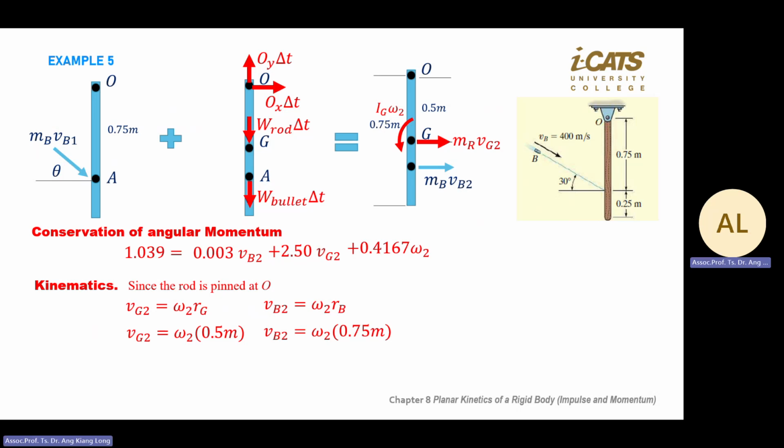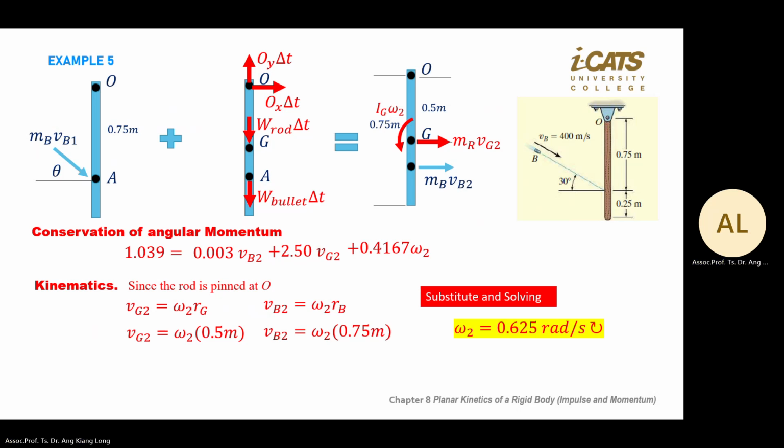Substitute there, and you only arrive at one unknown, omega 2. It's a linear equation. So you solve omega 2 equal to 0.625. Okay, so with this, we conclude the chapter.